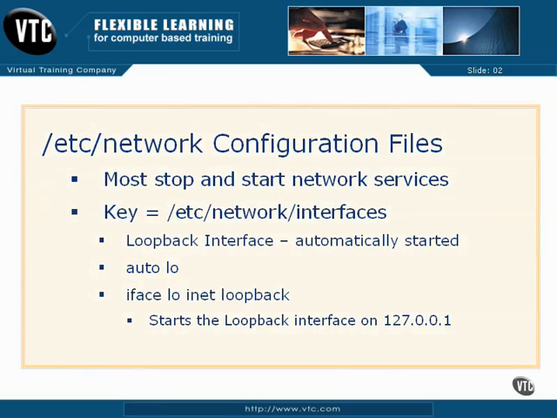There are a number of files in the /etc/network directory. Most relate to starting or stopping installed network services, when a network card is activated or deactivated. Perhaps the key file in the /etc/network directory is interfaces.